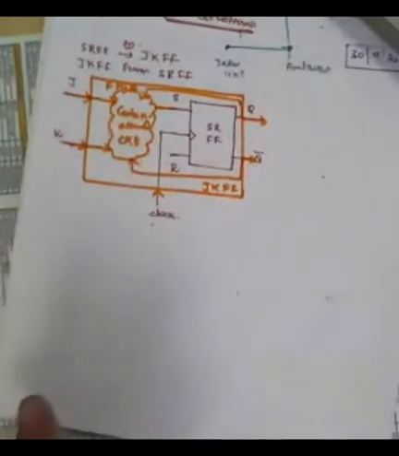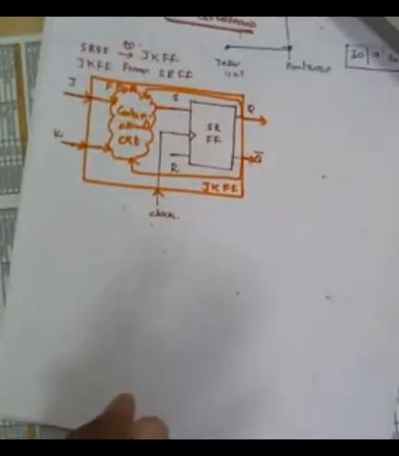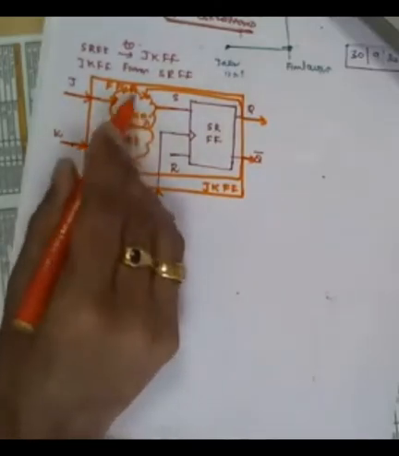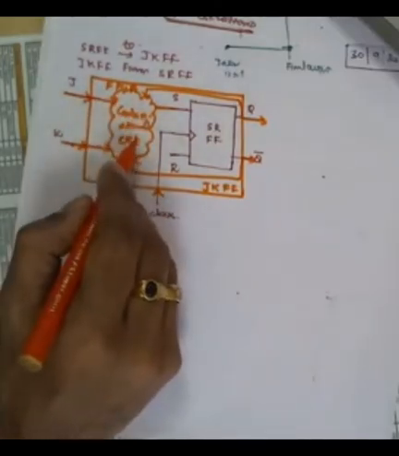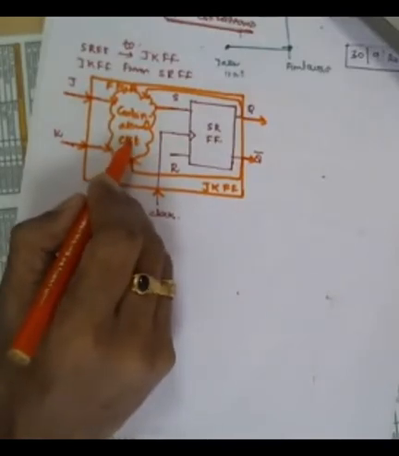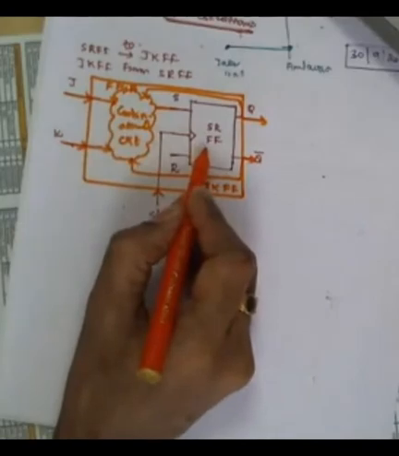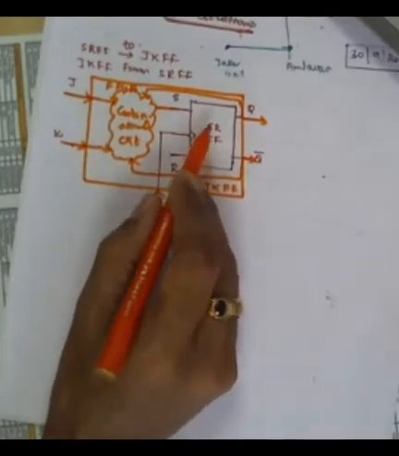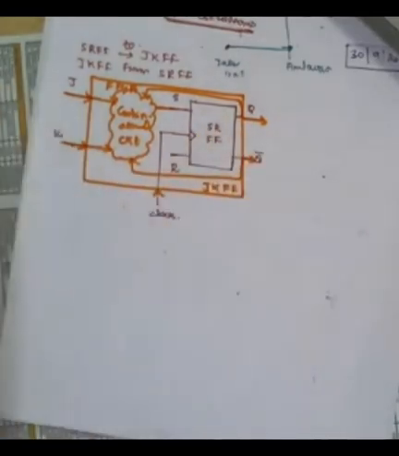We know that in every flip-flop there is set, reset, no change, or toggling, right? So this circuit will generate the suitable input into the SR flip-flop in such a way that its output will be equivalent to the JK flip-flop.